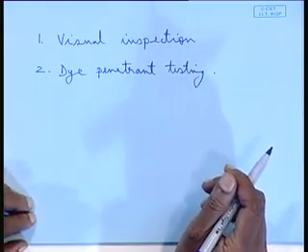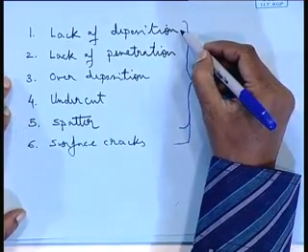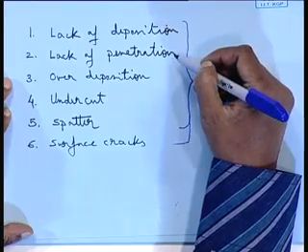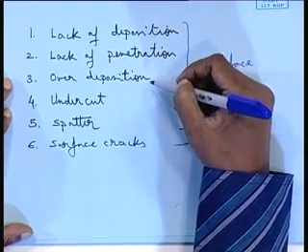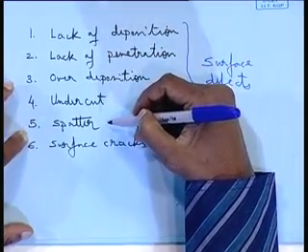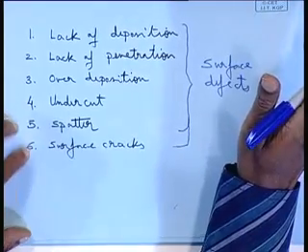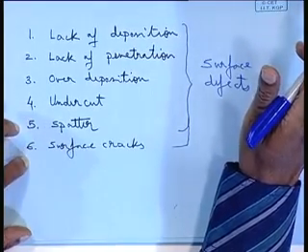As far as visual inspection is concerned, lack of deposition, lack of penetration, over deposition, undercut and spatter can all be very easily detected, but surface cracks may at times evade your naked eye. They might be so fine that you may fail to notice them, and obviously you will not go about with a magnifying glass. That is not done.